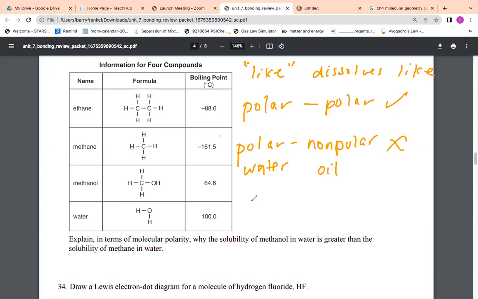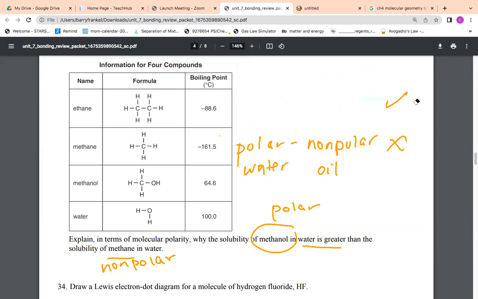This has to do with your molecular polarity. So they're saying, why is the solubility of methanol in water greater than the solubility of methane in water? That's because methanol right here is polar and methane is nonpolar. Okay, so what we can say is that methane, I'm going to rewrite this. Actually, you know what? I'm going to use this cool little feature. Look at this.